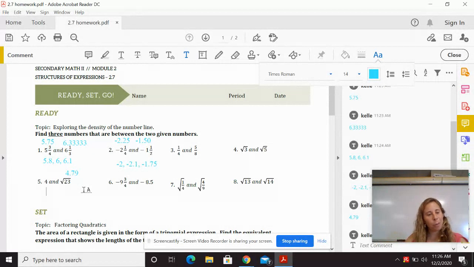All right, that's a smaller window, but find 3 numbers in between those. 4.2. Did I put a period there? Okay, I did. 4.2, 4.5, and 4.6.